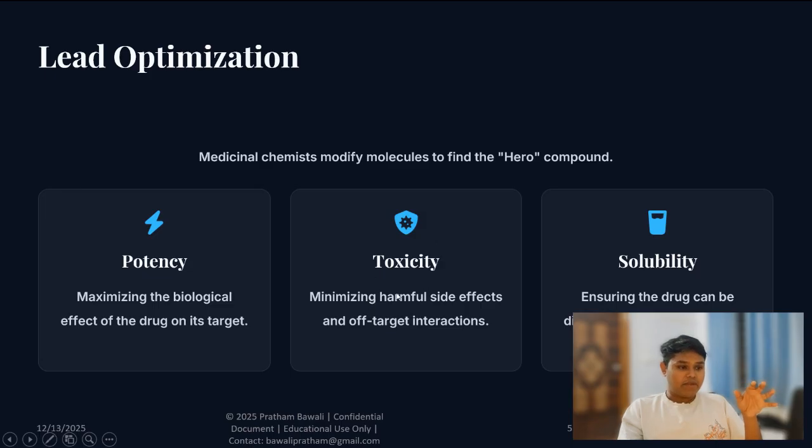Toxicity is one of the main reasons: minimizing harmful side effects and off-target interaction, so no toxicity should be there. And then solubility, ensuring the drug can dissolve and be absorbed by the body. These three parameters are very important in lead optimization. If these three parameters are not there, then your drug is not successful.